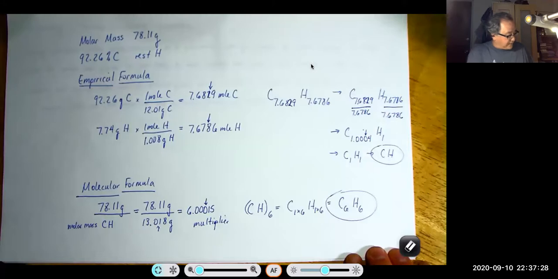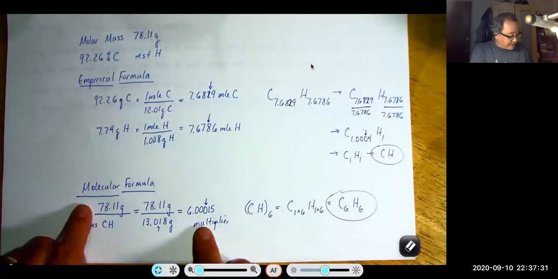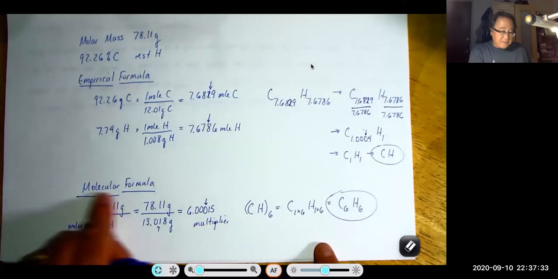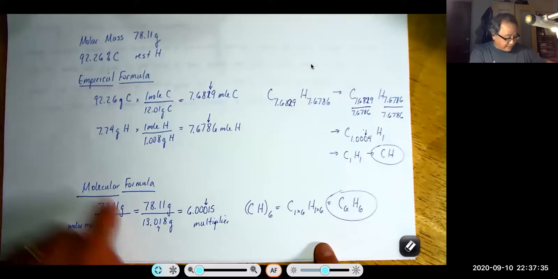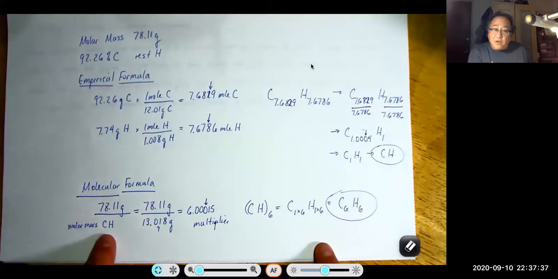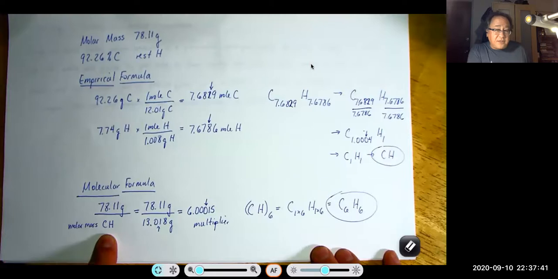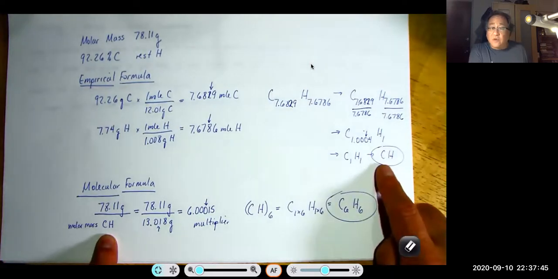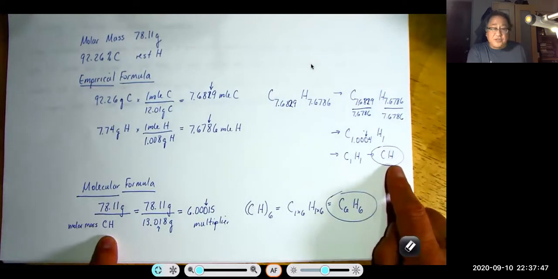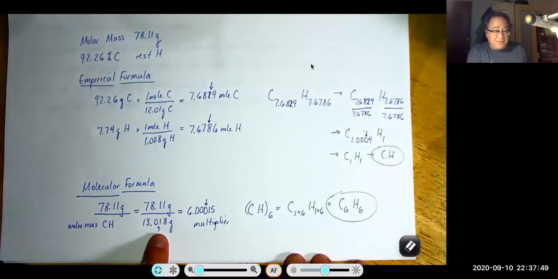Okay. Now to get the molecular formula, I take the molar mass of the compound. This is given, you can see above, and I divide by the molar mass of the empirical formula. So the molar mass of the empirical formula is the mass of 1 mole of carbon plus the mass of 1 mole of hydrogen, which is 13.018 grams.